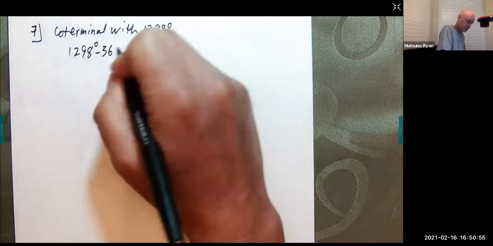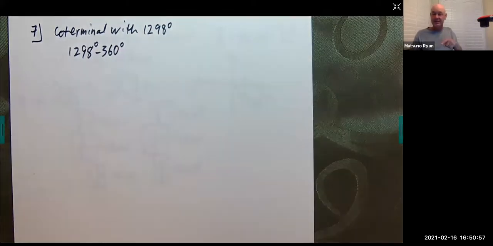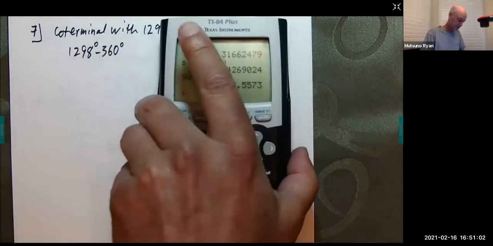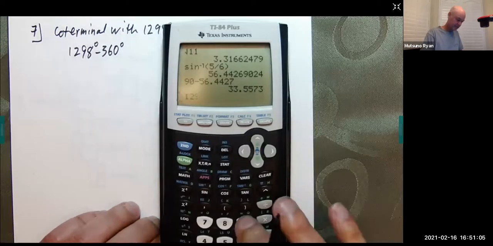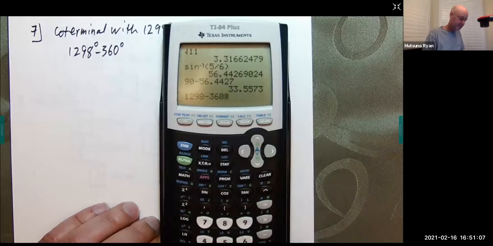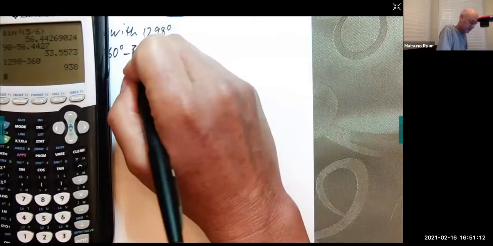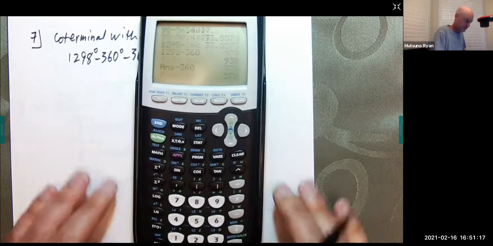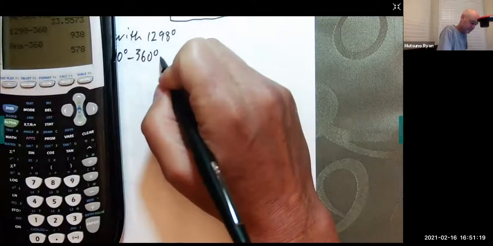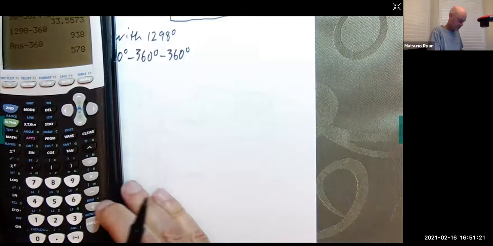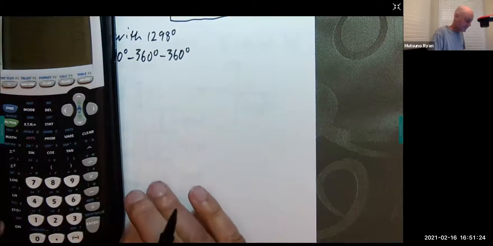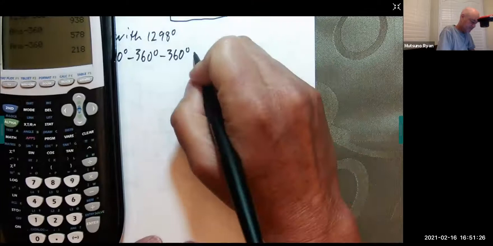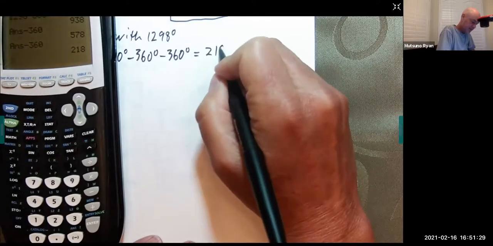Now, to be clear, I'm just going to keep subtracting 360 until I get something between 0 and 360. So 1298 minus 360. Not enough. So minus another 360. Minus 360. Still not enough. Minus another 360. Now we're talking. 218 degrees.